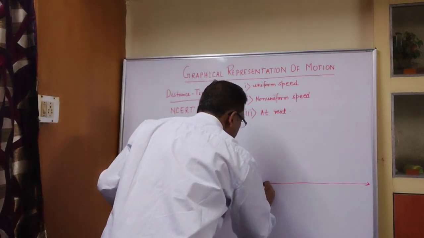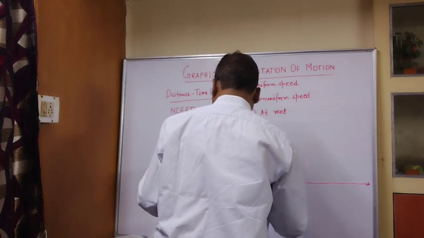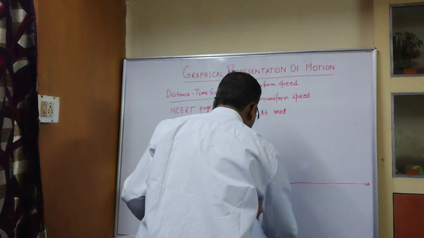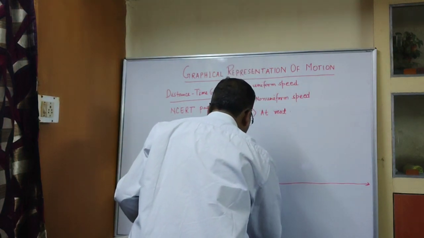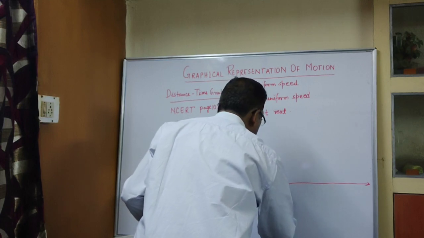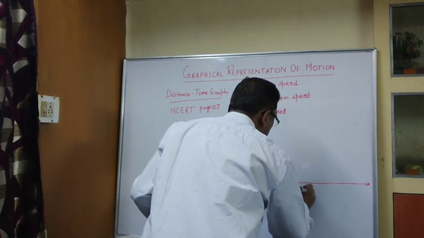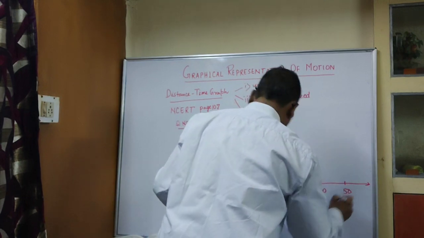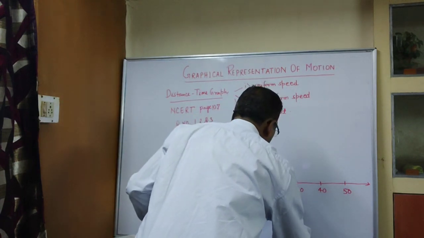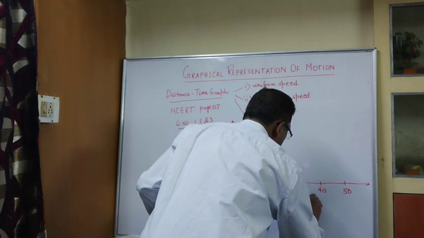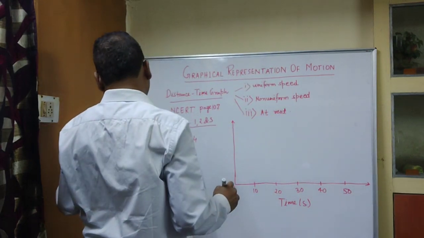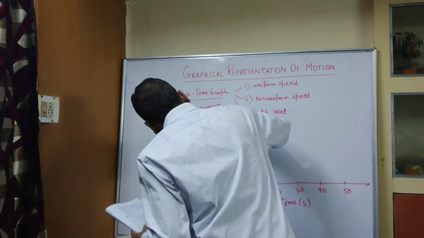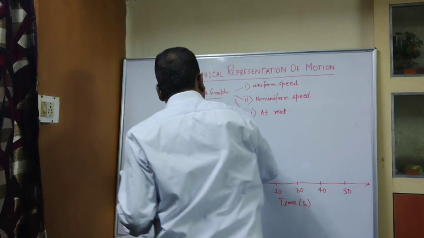Zero, 10, this 20, this is 30, this is 40, this is 50. As you know, we have taken time on the x-axis and we have taken speed, the other physical quantity, on the y-axis.